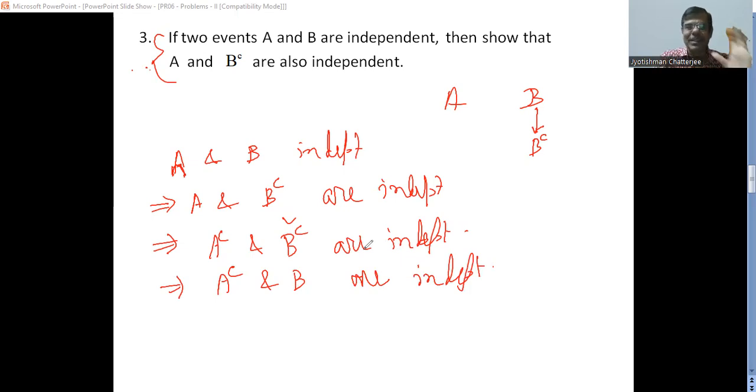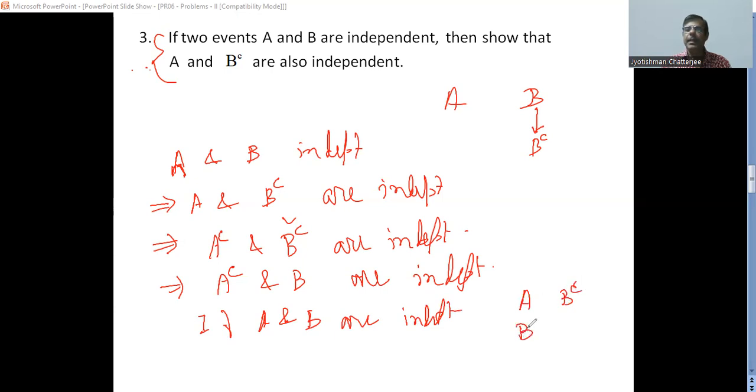Once I make this observation, all these things follow immediately. If A and B are independent, then so are any combination: A, B complement; A complement, B; A complement, B complement. Any of these combinations will be independent also.